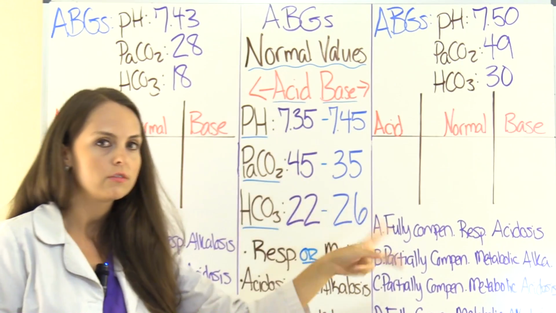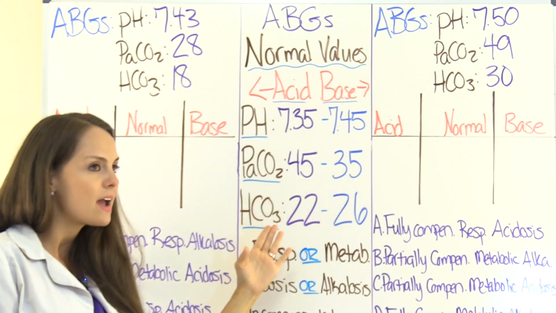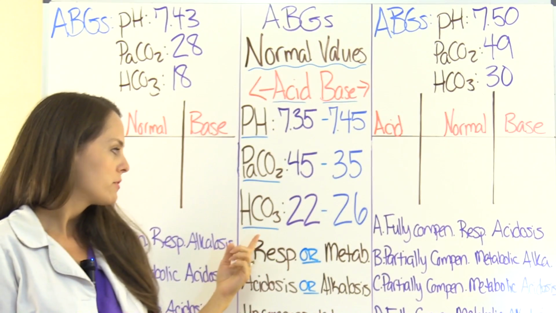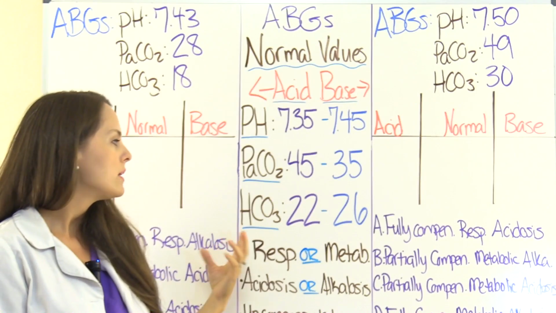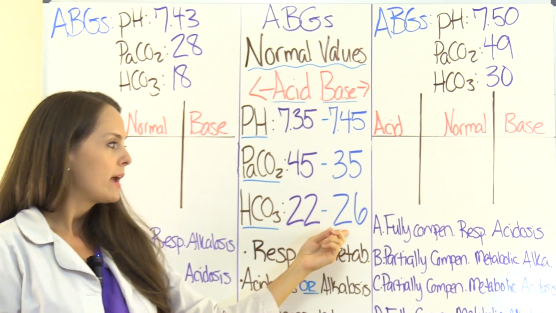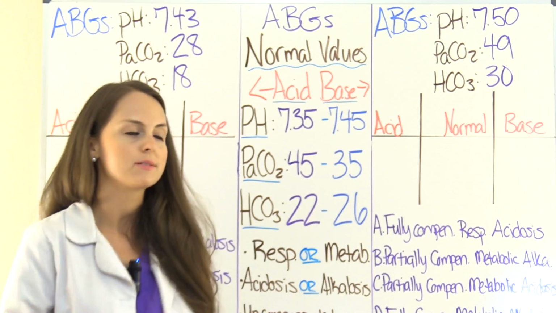So remember that. Those two values are flipped, and I wrote it this way so it would help us remember everything on this side is acid, everything on that side is basic. And then our HCO3, or bicarb, again represents metabolic, and anything less than 22 is acidic, and anything greater than 26 is alkalotic. Okay, so you remember those.